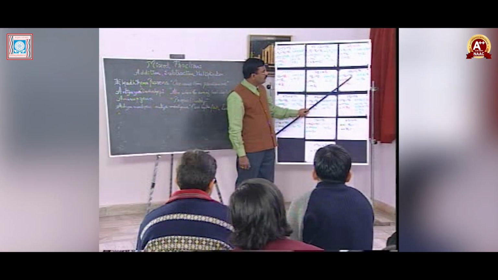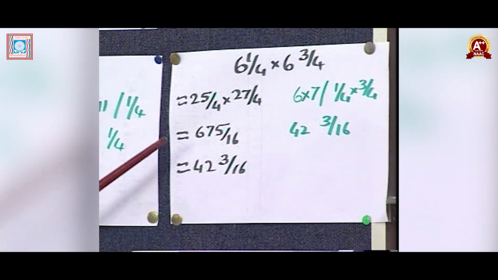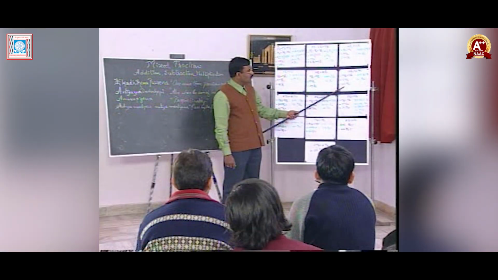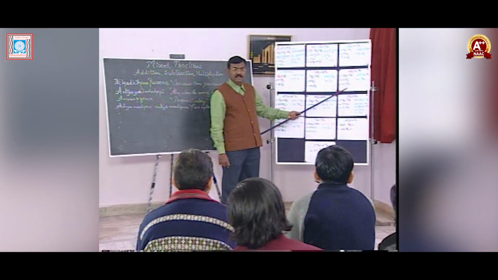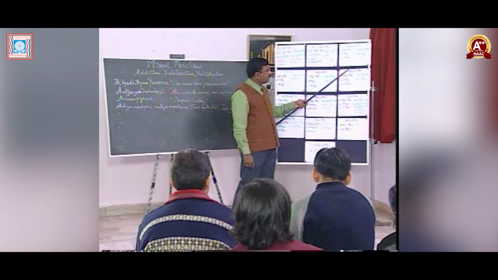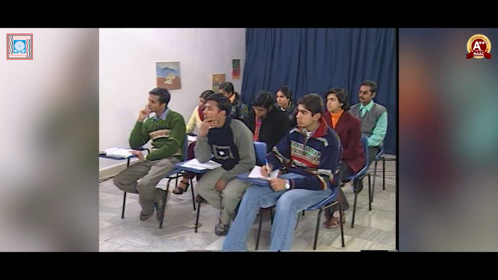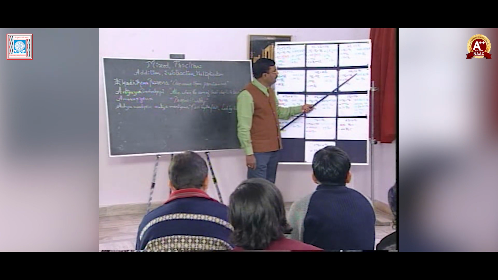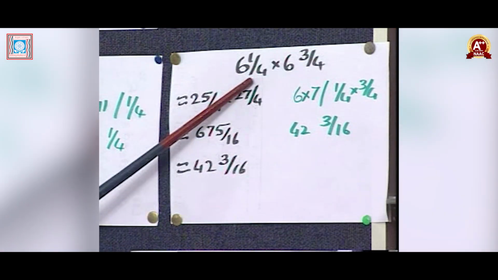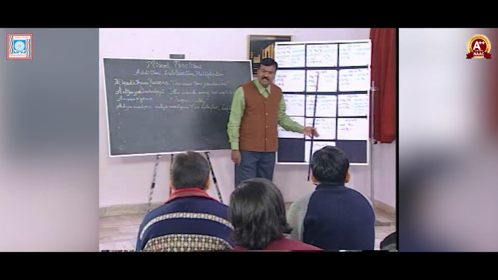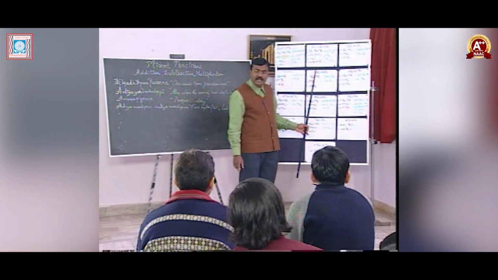Divided by 4 into 4, you will get 16. 675 divided by 16, if you convert to the mixed fraction, you will get 42 integer 3 by 16. When you observe these things, 6 integer 1 by 4 multiplied by 6 integer 3 by 4, the full value becomes the same in the multiplicand and multiplier, and the fractional value 1 by 4 plus 3 by 4 equals 1. You follow only Antyayor Dashakepi along with Ekadhikena.